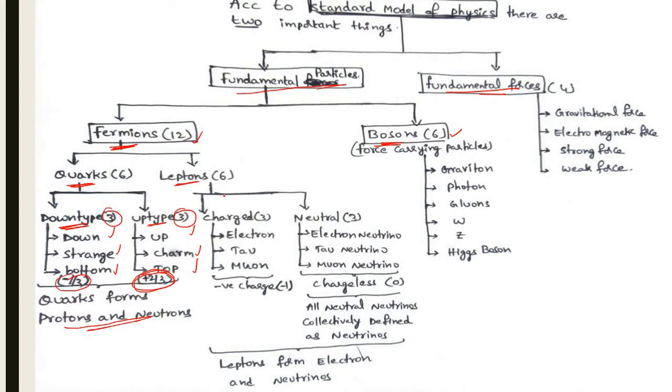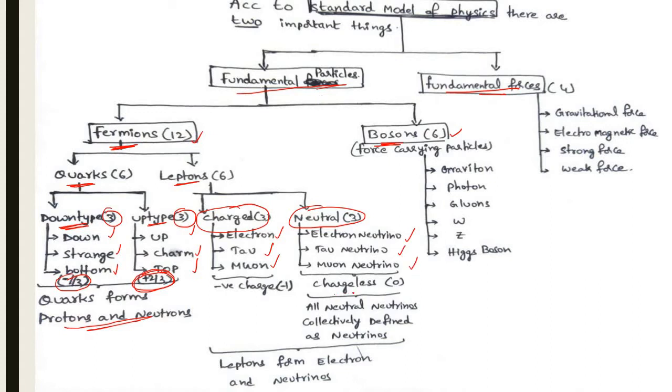Later, leptons are also 6 in number, which are further divided into two groups called charged, which are 3 in number, and neutral, which are also 3 in number. The charged ones are electron, tau and muon, and the neutral ones are electron neutrino, tau neutrino and muon neutrino.